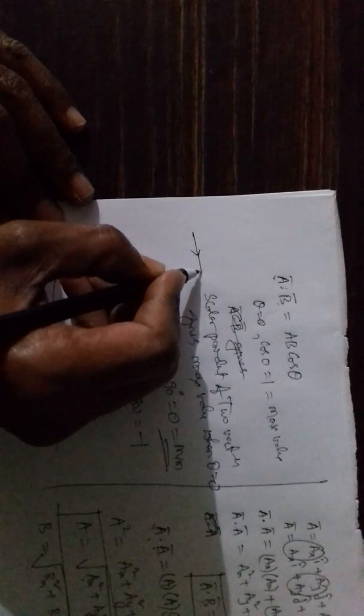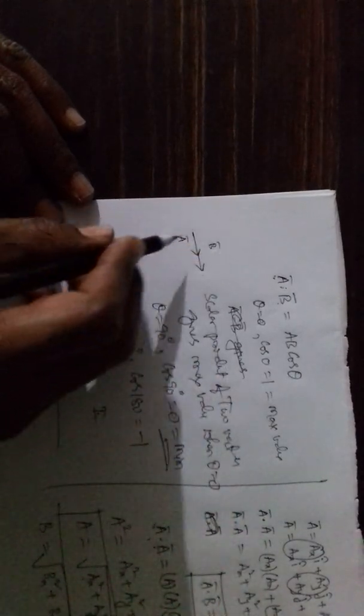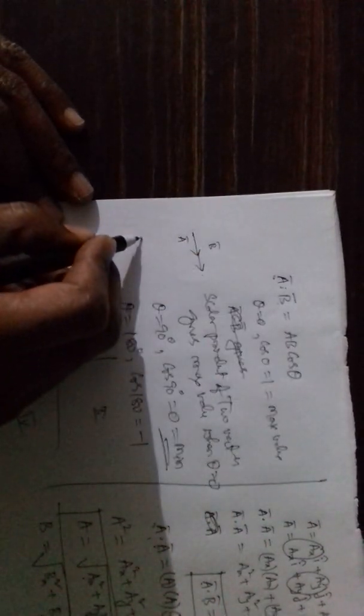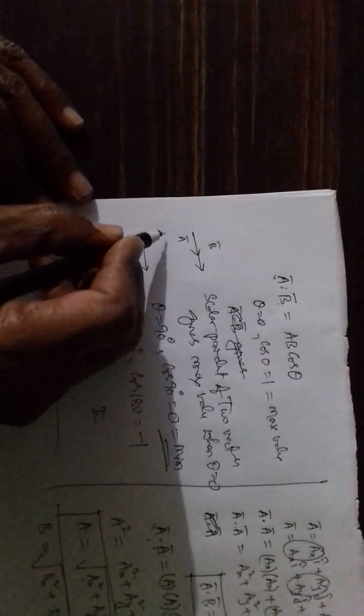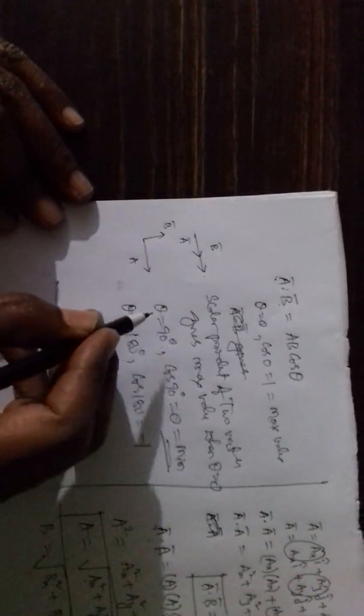Suppose two vectors can be like this. This is A vector and this is B vector. They can be like this, or like this, or like this.